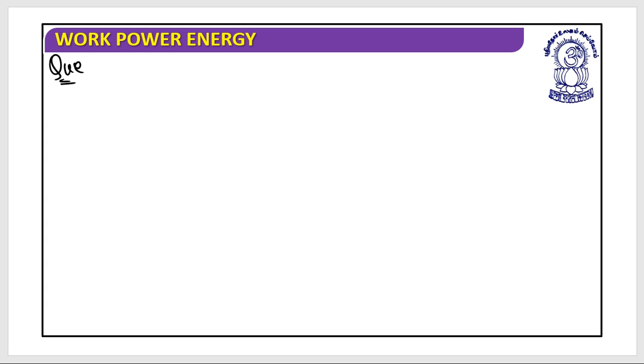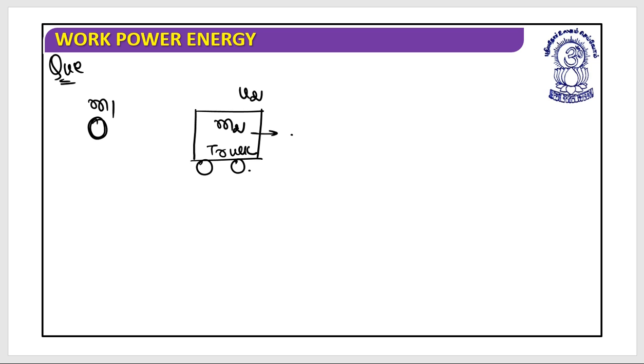Let's suppose the situation is that this is an object, let's say a truck, having mass m2 and moving with velocity u2. A certain object m1 is there.